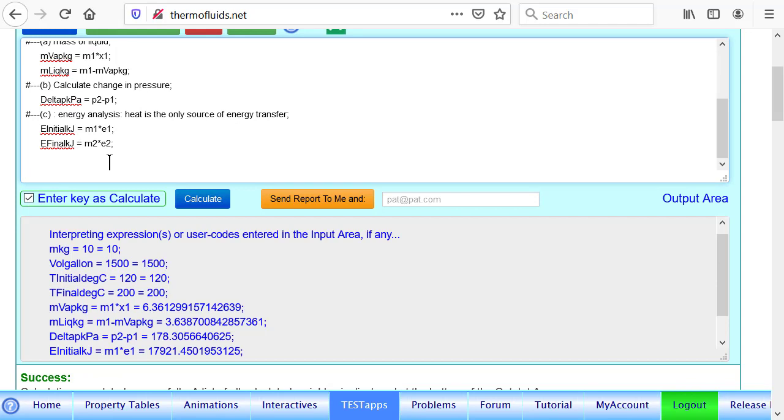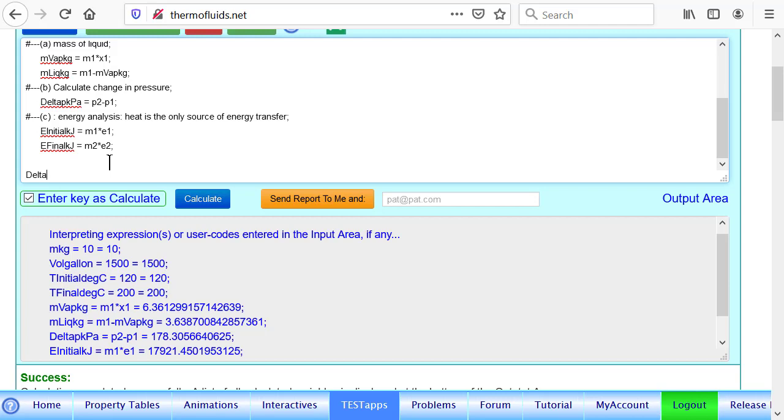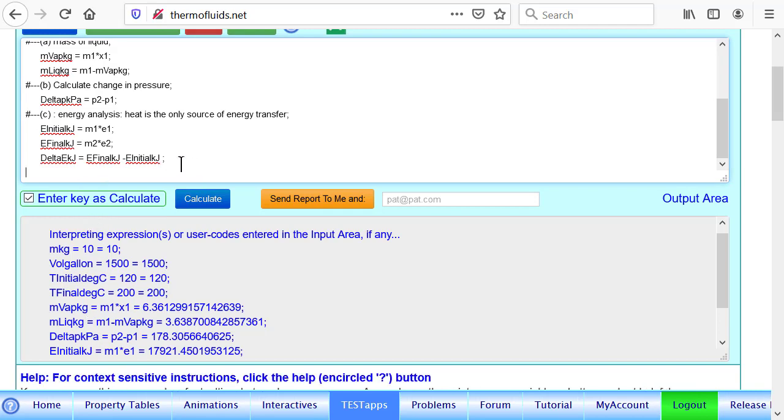Therefore, we understand that the change in energy, delta E in kilojoules, is the final stored energy minus the initial stored energy. And we have found the increase in stored energy, and therefore Q in kilojoules equals the same as this.